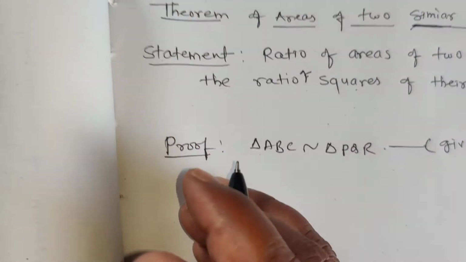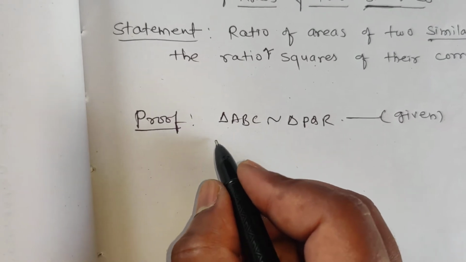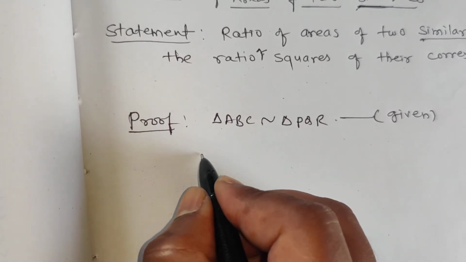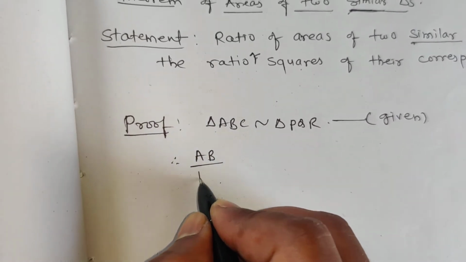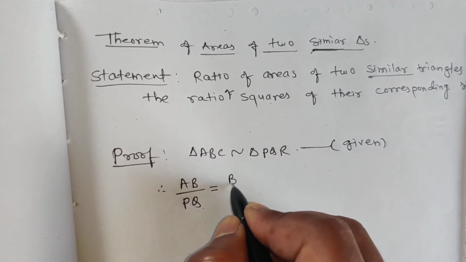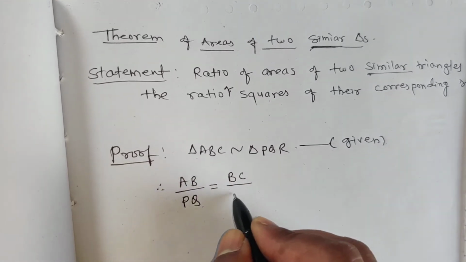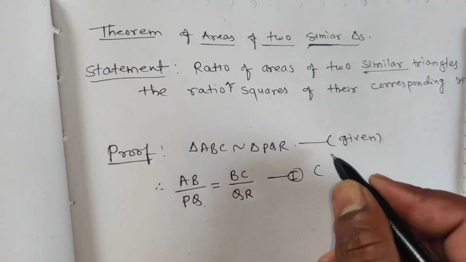Then we know that the sides of two similar triangles are proportional, right? Therefore AB upon PQ is equal to BC upon QR. Statement number 1.